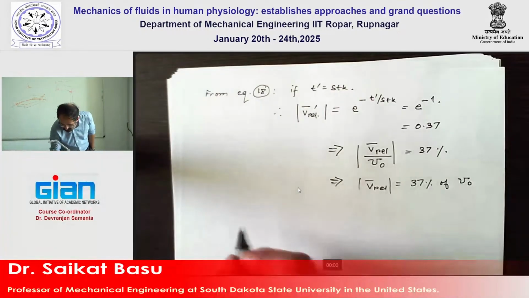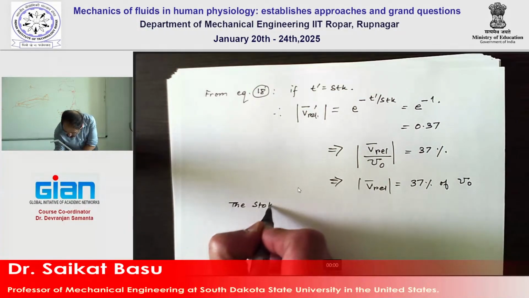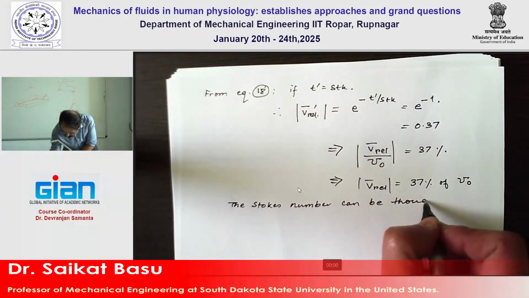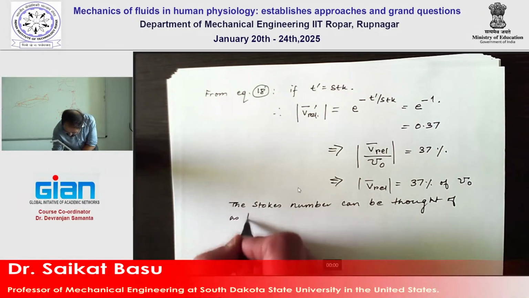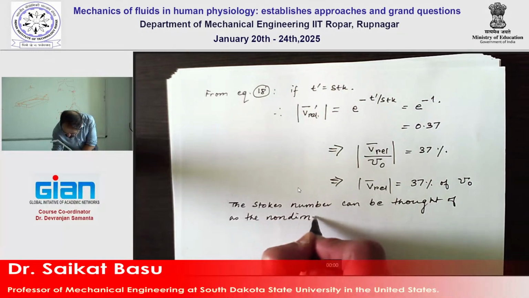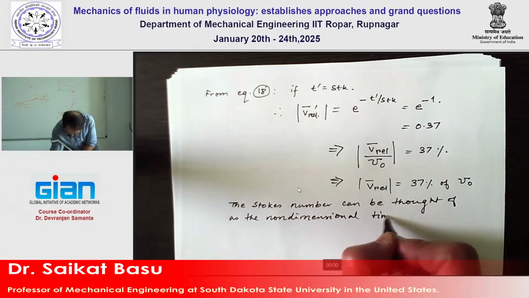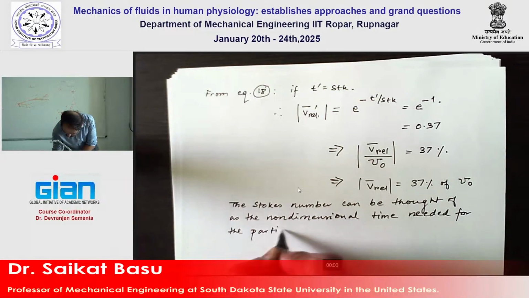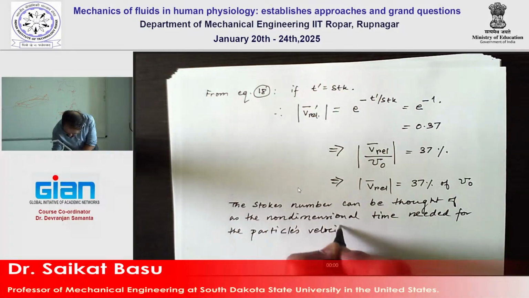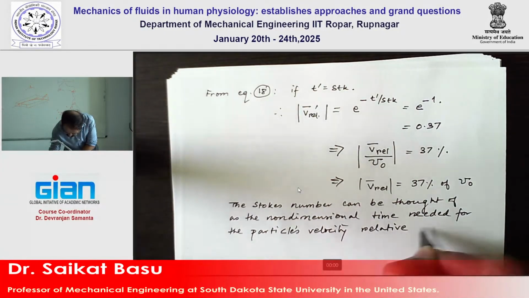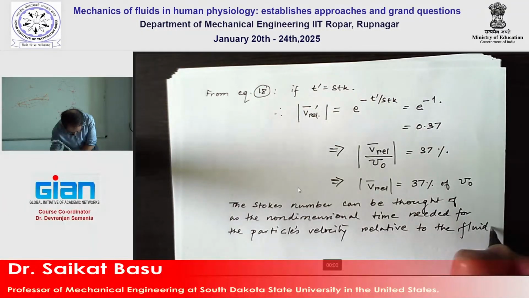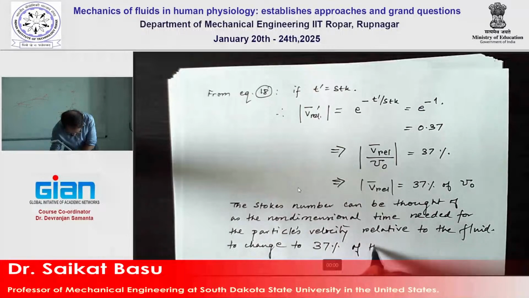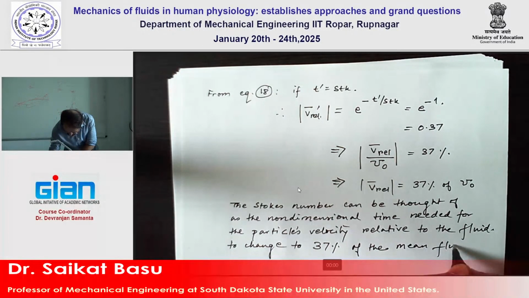So, the Stokes number can be thought of as the non-dimensional time needed for the particle's velocity relative to the fluid to change to 37% of the main flux value, right?